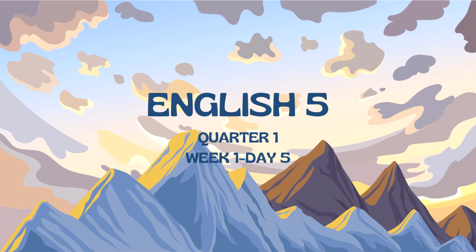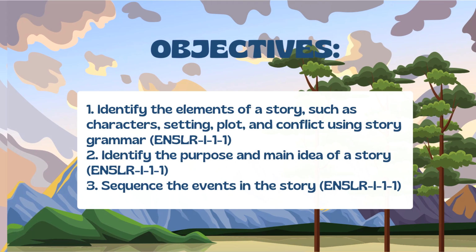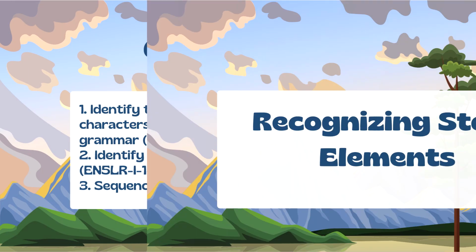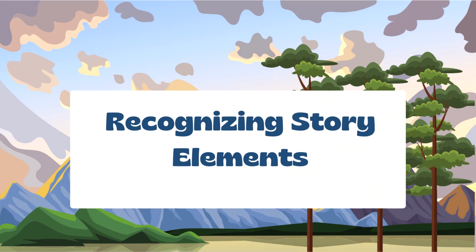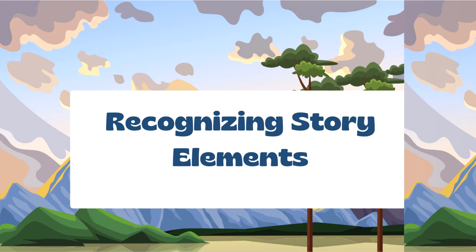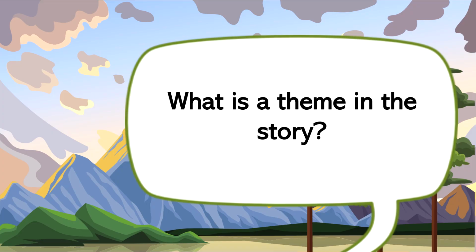Then finally, we have the 5th day, day 5, English 5, quarter 1, week 1, day 5. It's still about elements of a story. What is the theme in the story?